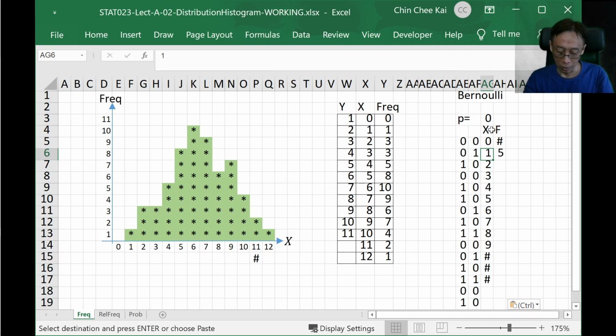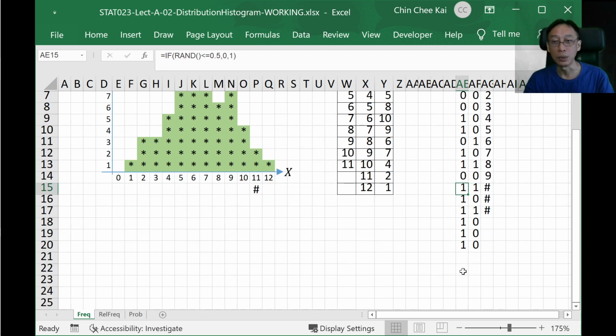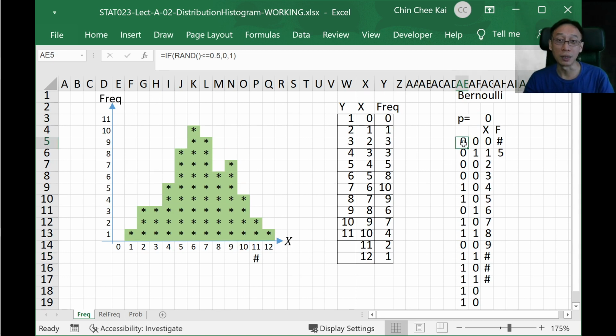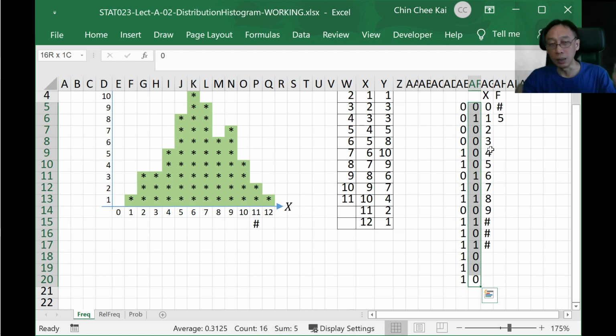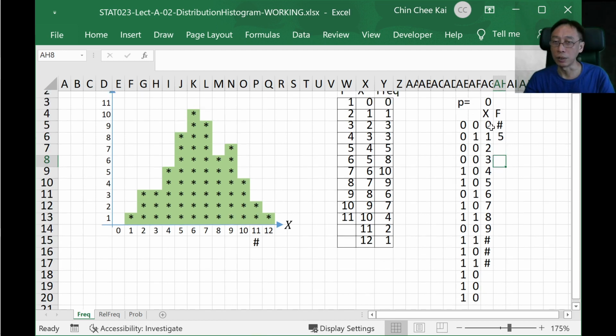So I will get a bunch of zeros and ones, and I measure 0, 1, 0, 0, 0. Like I'm throwing a coin. First time, second time, third time, fourth time, fifth time I see a head, and then tail again. Head, and then tail again, and so on. I should repeat this 1,000 times, but here I've generated 16 times, just so that it doesn't take up too much screen space.